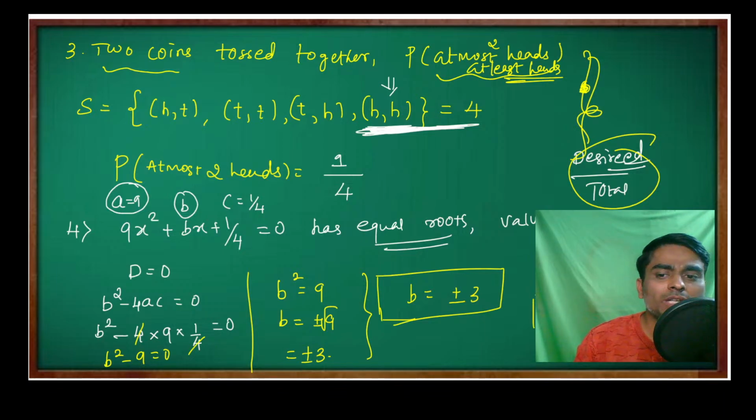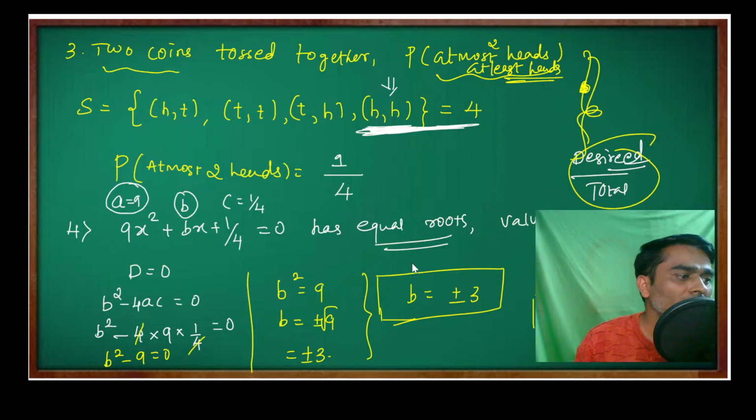See, we avoid negative numbers only when we are doing word problems like age, distance, speed, time. That time age cannot be negative, distance cannot be negative, time cannot be negative. Therefore that time we will avoid negative numbers. So here you don't say, sir, b should be only 3.